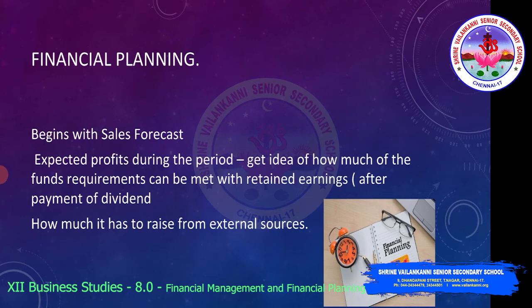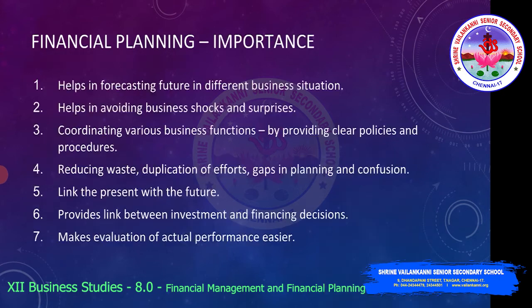After the dividend, what's going to remain in the business and how much has to be raised from external sources. So it's giving an entire picture of the retained earnings and how much is required to be raised externally. That is called financial planning.